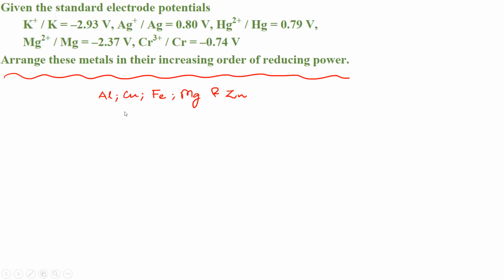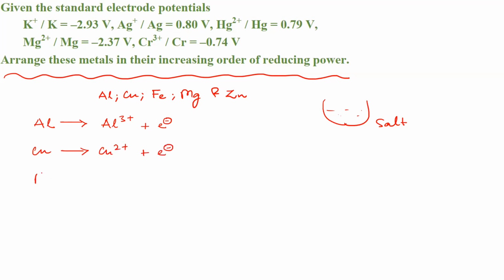These are the metals, and we are discussing which of the following metals will displace each other in the solution of their salt. These metals can only displace if they can easily give electrons. Aluminium gives Al 3 positive plus electrons. Copper gives Cu2 positive.